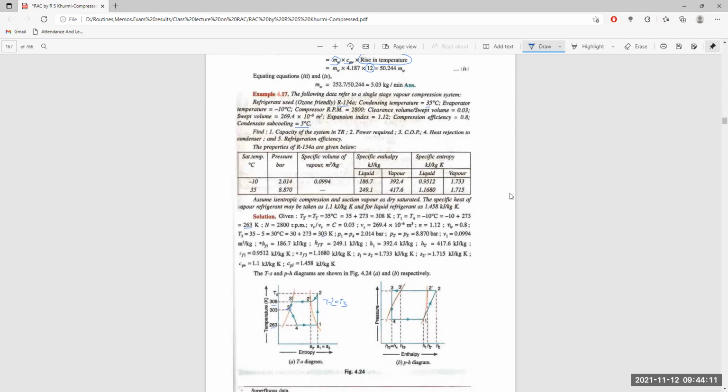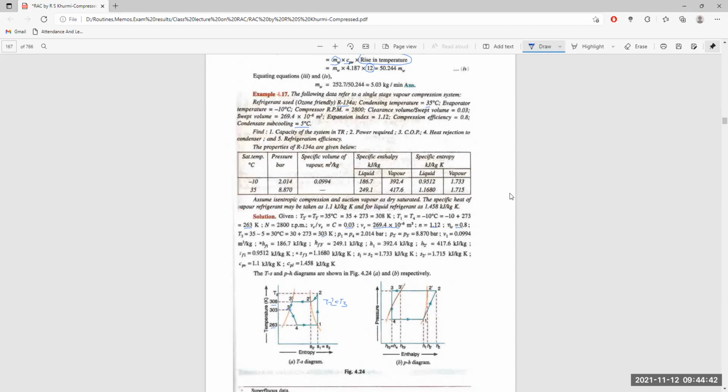The clearance versus swept volume ratio is given as 0.03, and swept volume is given. N is equal to the expansion index 1.2, and efficiency of the compression is equal to 80% or 0.8.